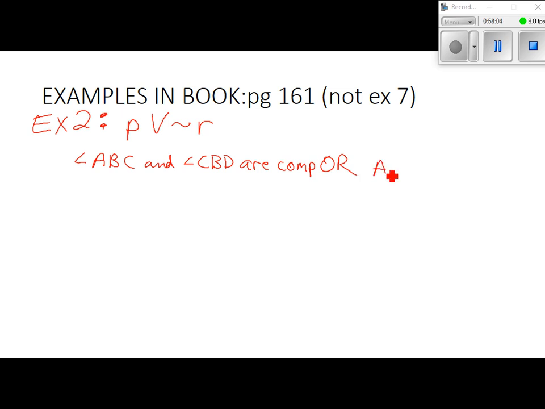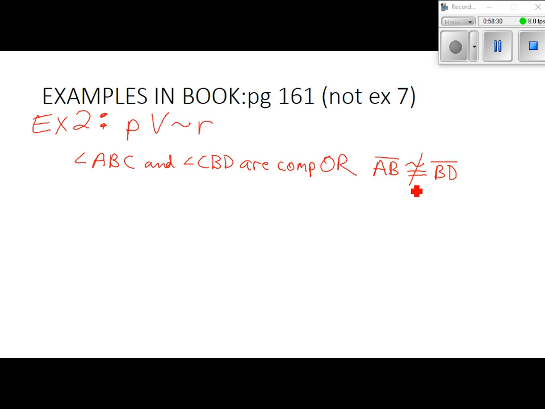Segment AB is congruent to segment BD. Is that what we wanted to write there? What'd they tell us? It's not true. So we don't want to say that they are congruent, we want to say that they are not congruent. So we might put a little slash through that.